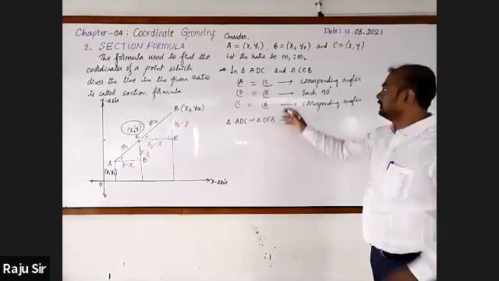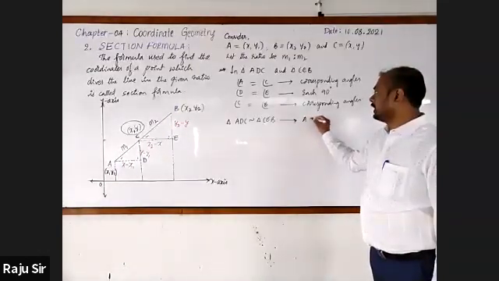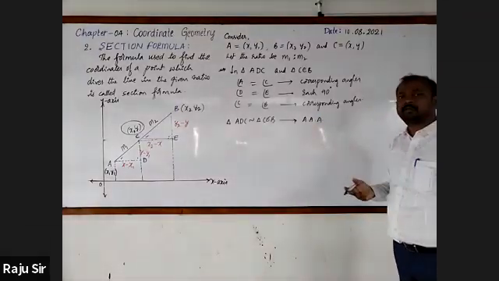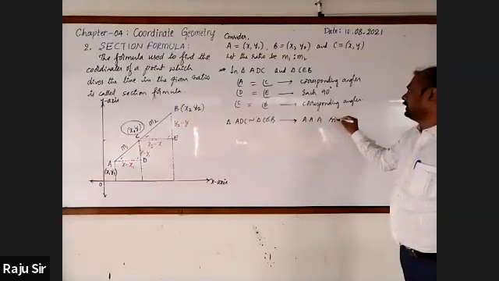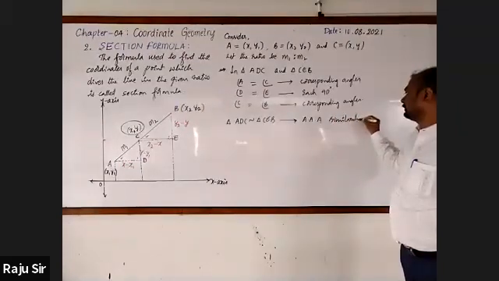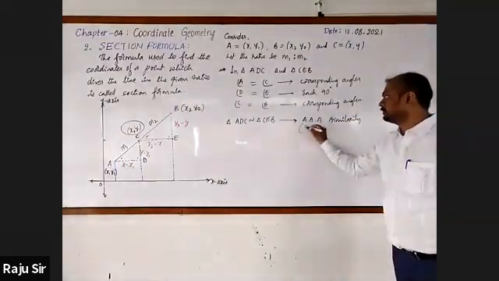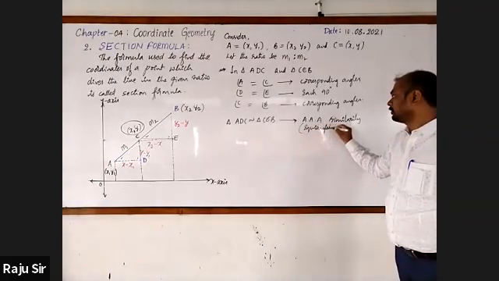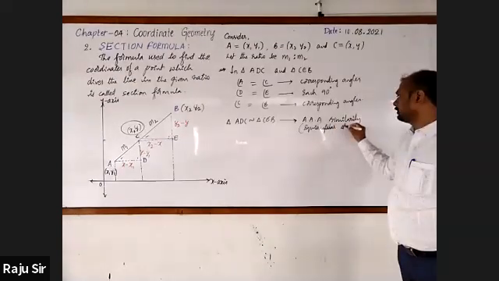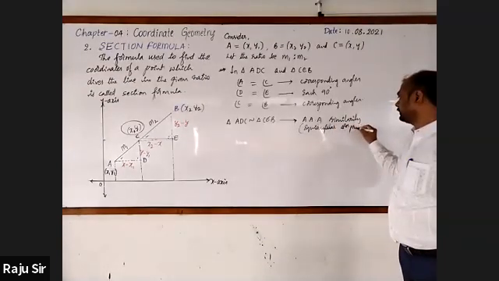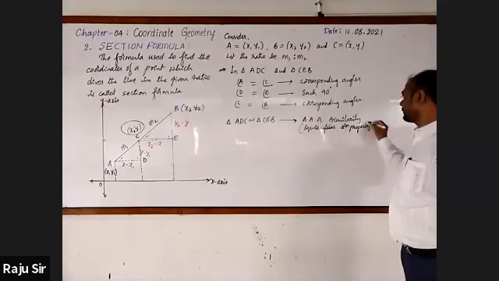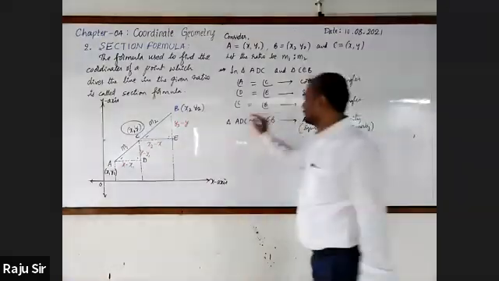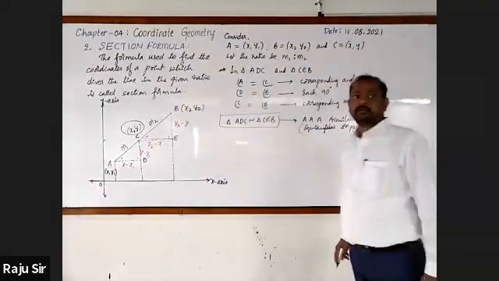We have similarity, that similarity is angle, angle, angle, or else the equiangular triangles property. Highlight this. Both the triangles are similar.